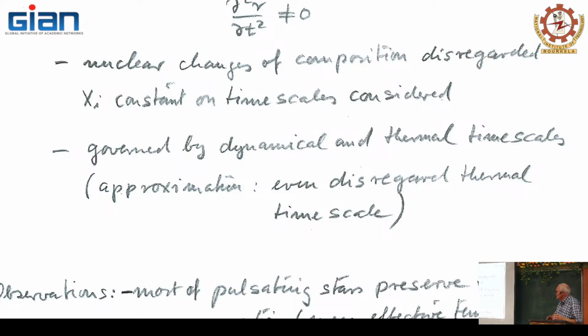Okay. Now the next step in the approach will be that which is motivated by the observations. The pulsations are seen to keep the mean properties of the star the same, so the mean luminosity will remain the same as without pulsations. The mean temperature is the same, the mean radius will be the same, and the pulsations may be regarded as a superposition of variations or oscillations around the equilibrium.